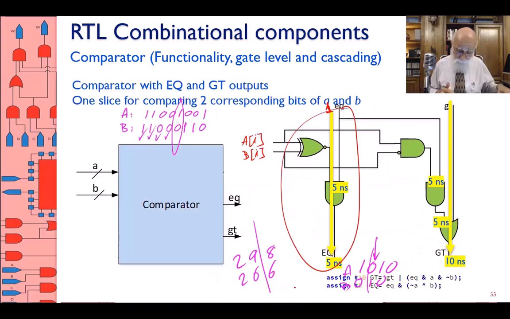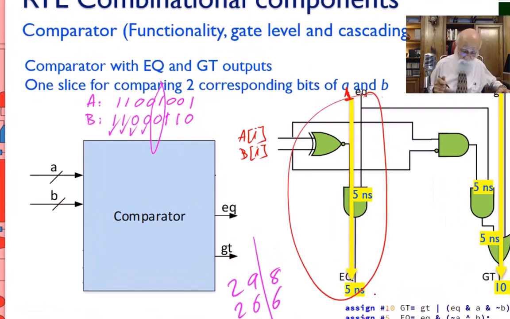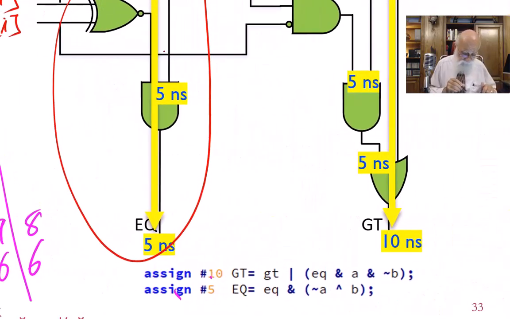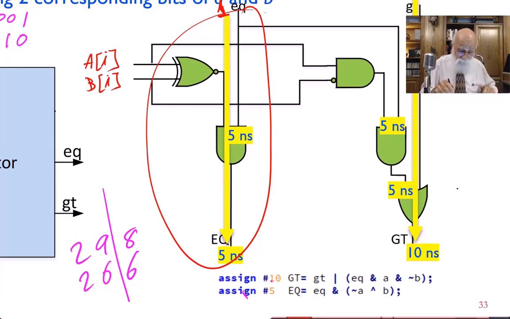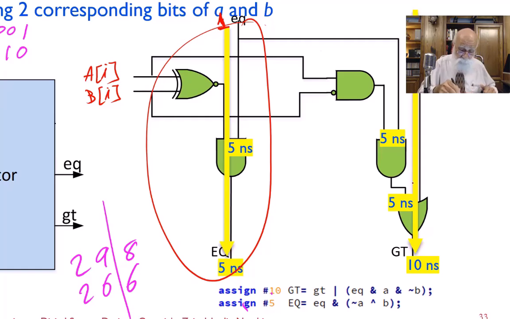And let's go back here. How do you write the Verilog description of it? Well, the Verilog description of this is, I'm just writing this gate level circuit right up here. GT is GT or EQ anded with A, anded with B bar, which is these two AND gates feeding the left input of the OR gate.